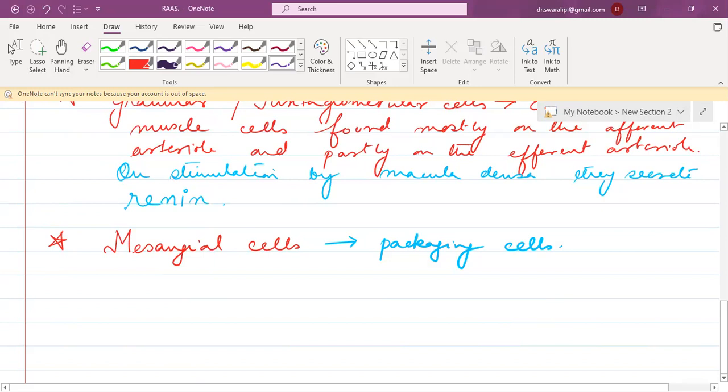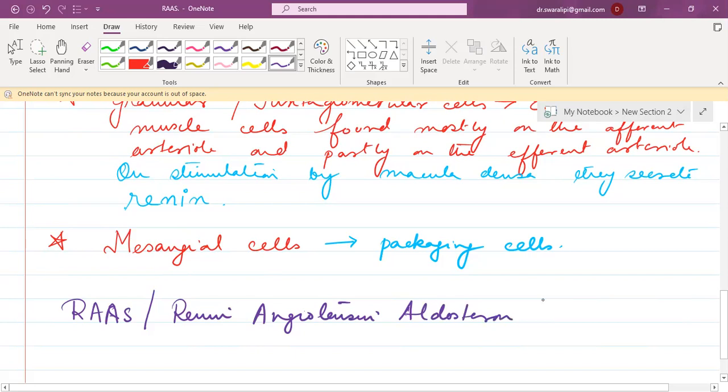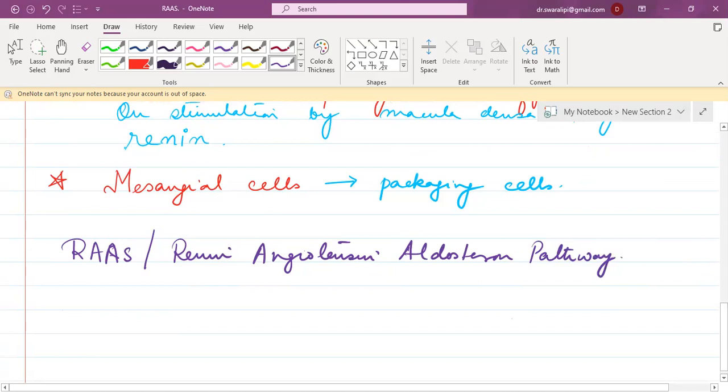So if I have to discuss the RAAS, the renin angiotensin aldosterone pathway, it is stimulated by several factors.